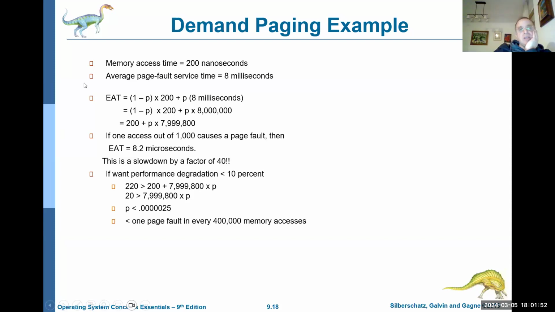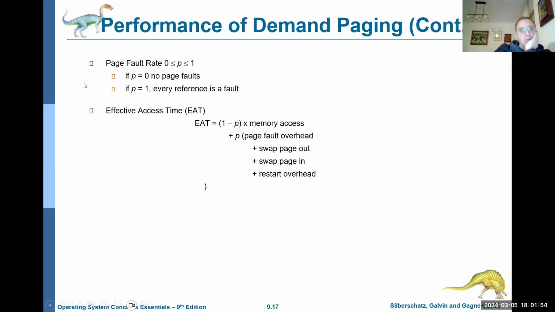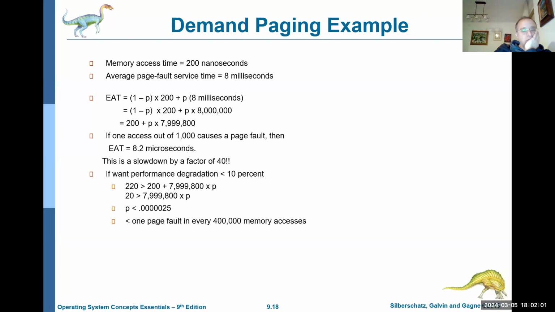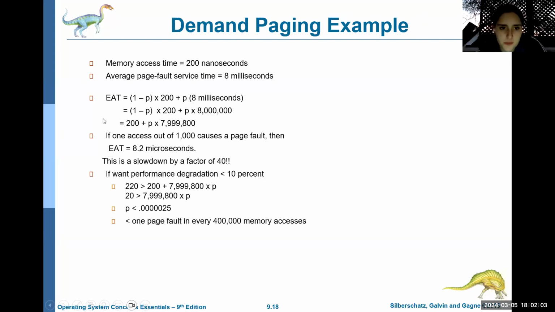P is the page fault rate, when things go wrong. Okay, thank you. So this is 200 minus 200P plus 8 million P. Well, 8 million P minus 200P is 7,999,800 P, plus the 200.